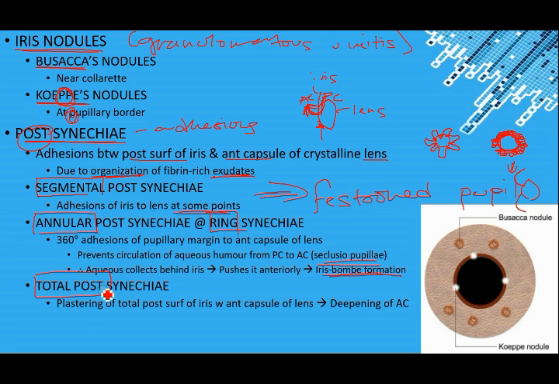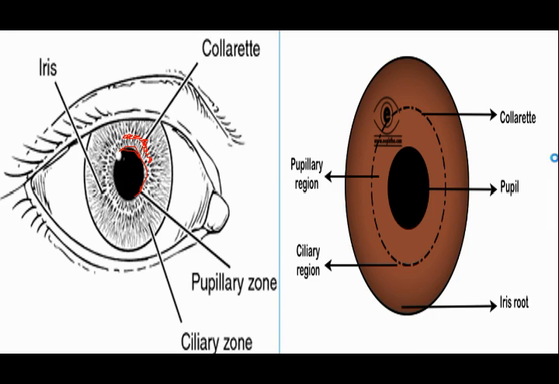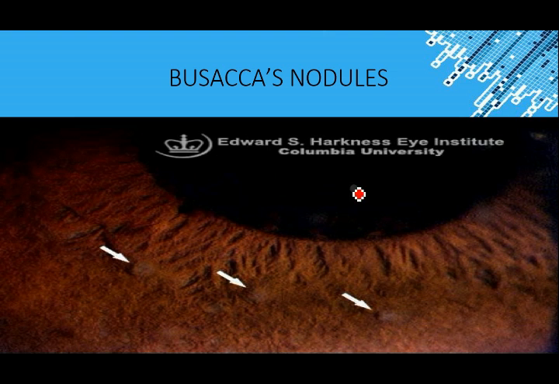And total posterior synechiae means the whole posterior part of the iris adheres. I'm drawing that now, side view, so the whole iris adheres. This one doesn't give rise to iris bombe because the whole thing adheres. Clear? Next, the nodules.